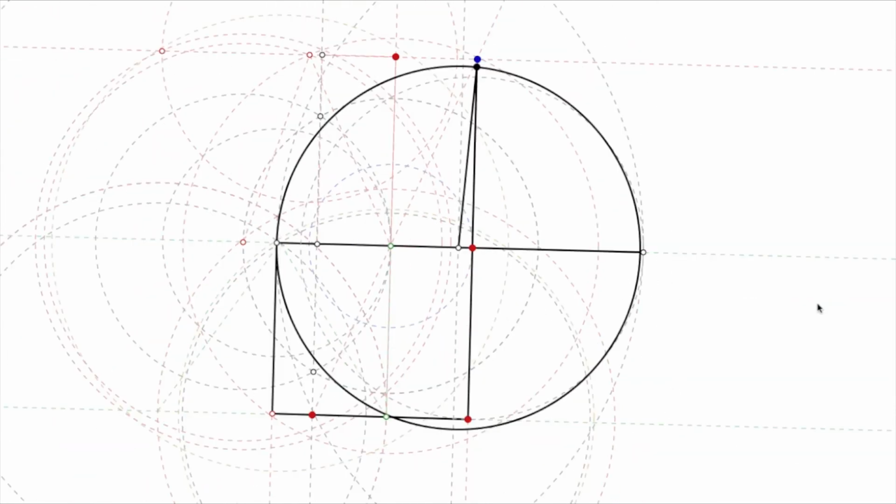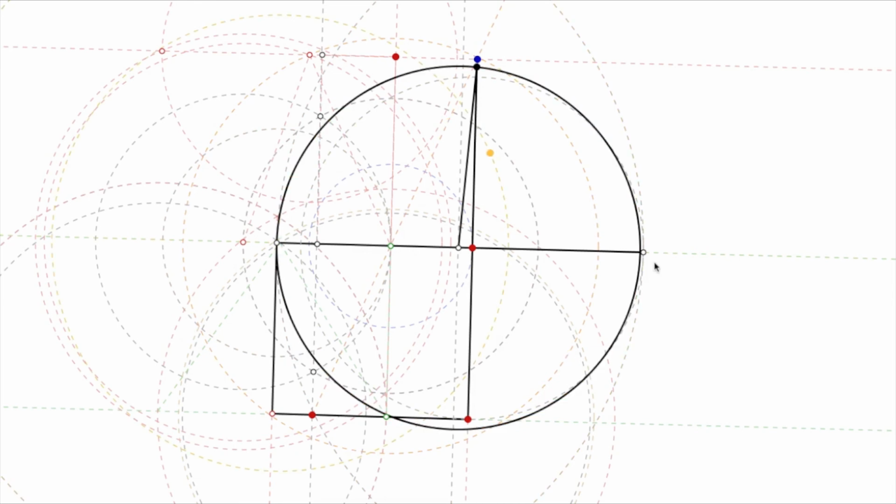Okay, so maybe this helps in terms of showing you how this is the same thing as what's in the book. You can see here that we have our parallelogram equal to our given rectilineal figure. We have our line there, which is equal to the side of the square, equal to this parallelogram. And then we have the semicircle that we've drawn on there.